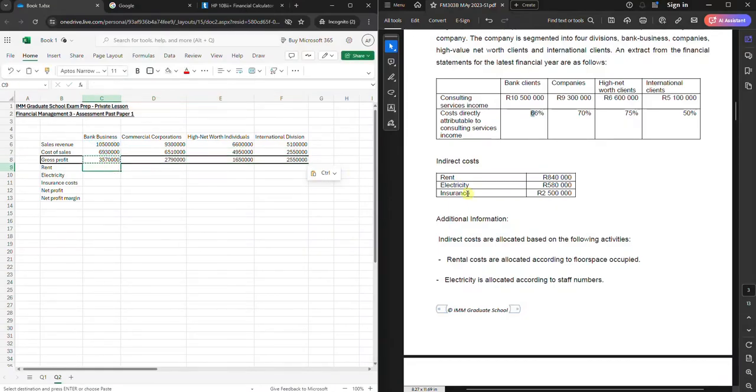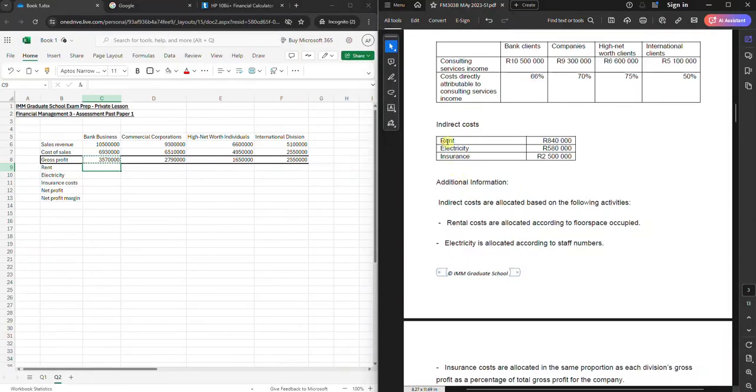Okay, now we need to look at the allocation. So how are we allocating rent? Based on the activity. So the indirect costs need to be distributed. So this is a mathematical calculation where you need to allocate cost to all of these departments. Does that make sense? Right. 100%. Okay.